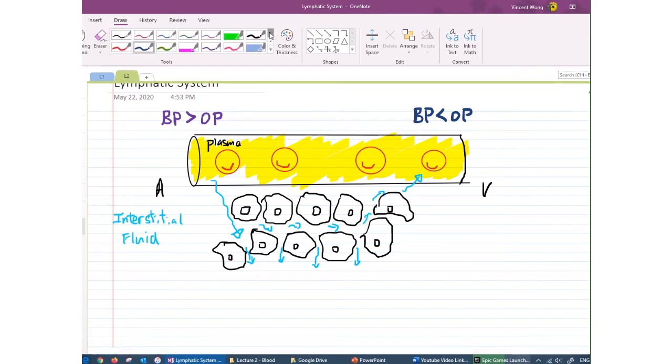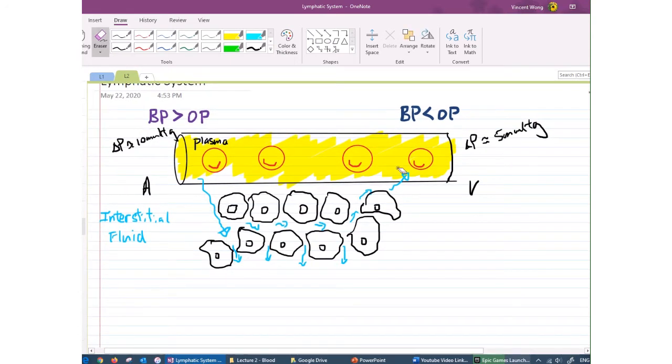But if you remember our previous discussion, the pressure difference on the arterial side is about 10 mmHg, right? 30 for BP and 20 for OP. But over here, the pressure difference is approximately just 5 mmHg, which means you're going to be losing more fluid than you're going to be able to bring back in on the other side.